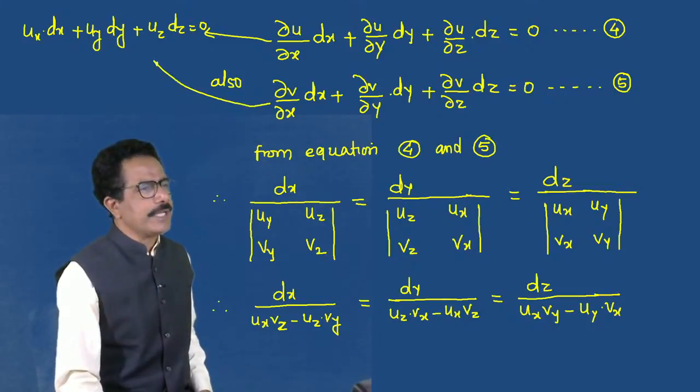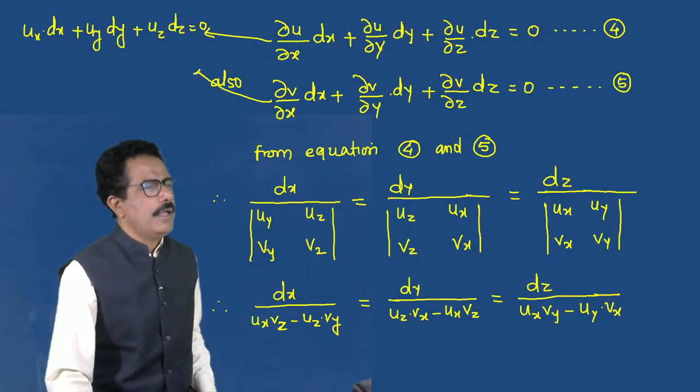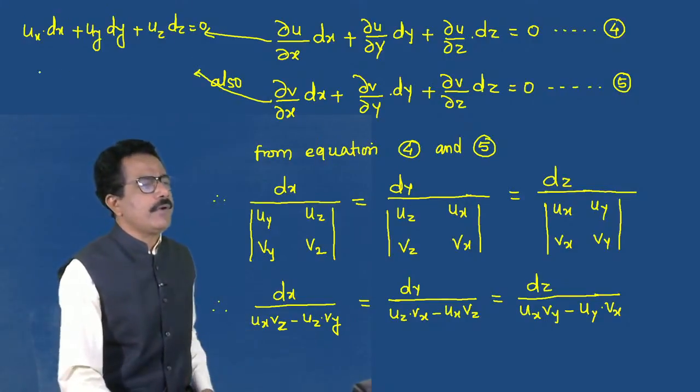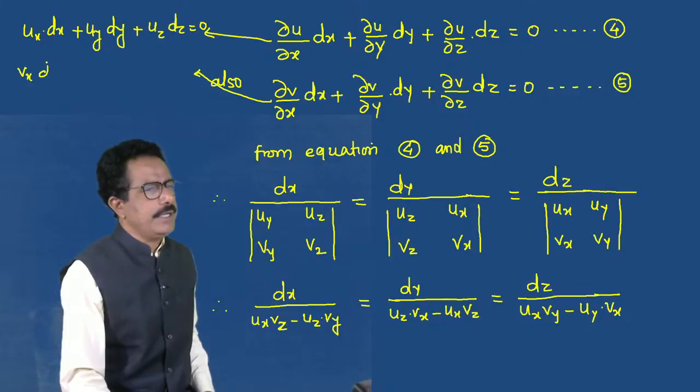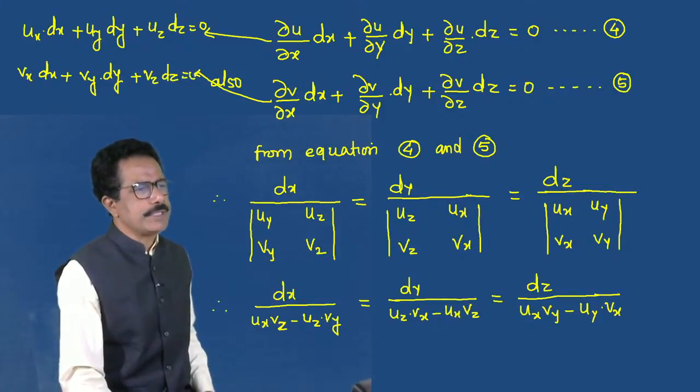And this also we can write in this way: vx into dx plus vy into dy plus vz into dz, which is equal to 0.